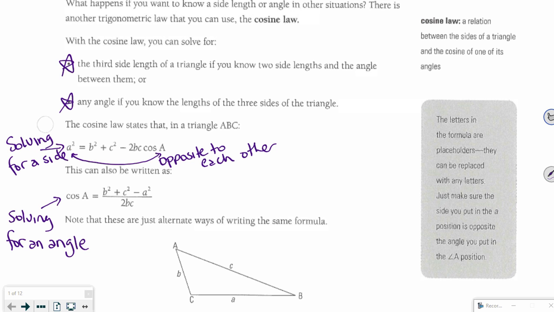Same if we're solving for an angle. If we're looking for cos A, this side right here, the one that we're subtracting in our formula, has to be the side across from the angle we're solving for. Okay, we're always looking to pair those up.